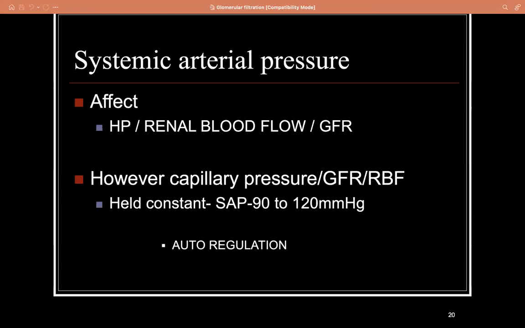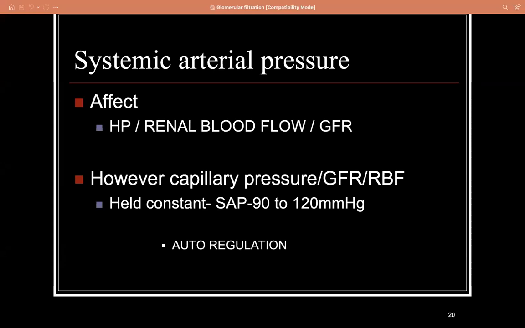Is it true? The analogy is almost the same as that of the heart. So we are saying yes, GFR is directly proportional to systemic arterial pressure, but when the systemic arterial pressure goes too high, too far, then you start having difficulties with GFR.